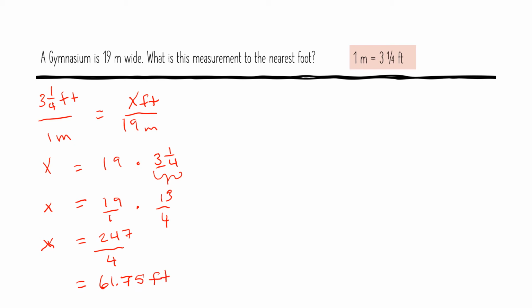But again, when we look at the problem, it says nearest foot. So we can say that we can round this 61.75 to 62 feet. Okay, and that is our final answer. So 19 meters converted to feet is 62 feet.